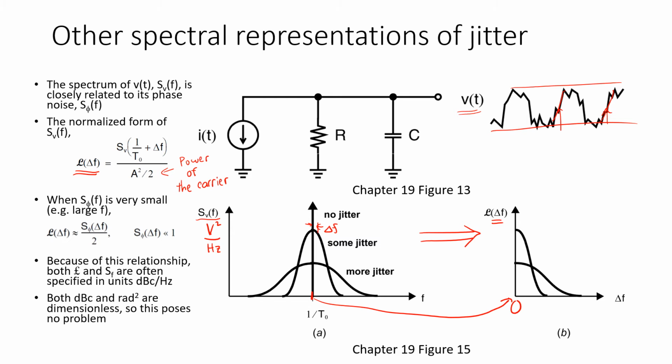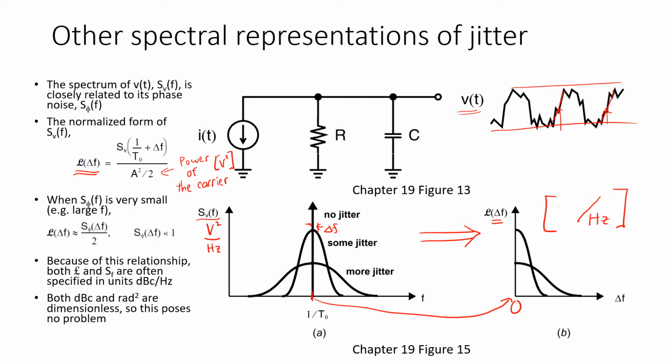So the resulting spectrum here, this script L, now has been normalized by something with units of volts squared. So it has simply units of 1 over hertz. But we will most often plot it on a logarithmic scale. So we express it in decibels, take that power spectrum, take 10 log base 10 of it.